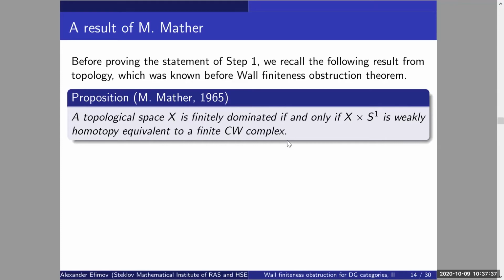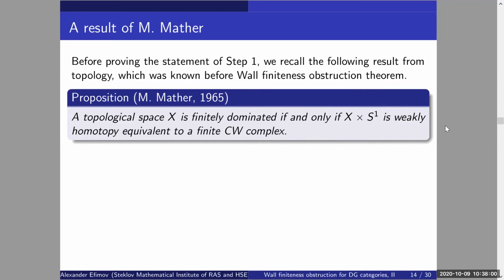This was known before the whole finiteness obstruction theorem, which is actually the same year, at least the year of publication. But the argument doesn't use this whole finiteness, and it's very short and elegant. And we will actually generalize it to DG categories.